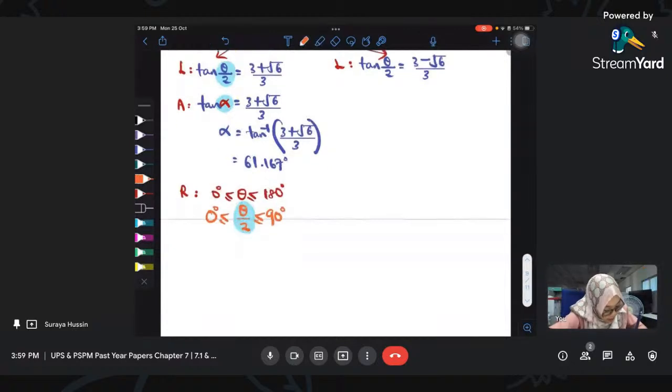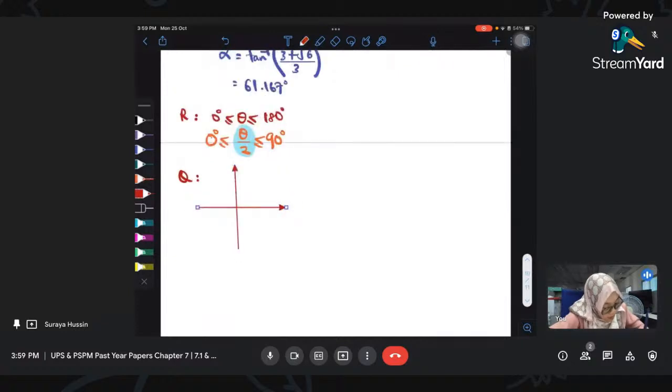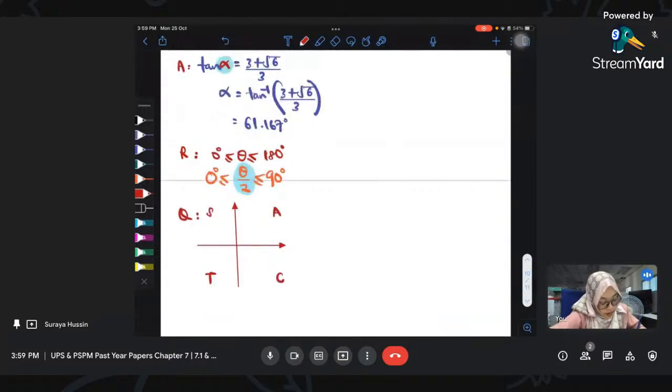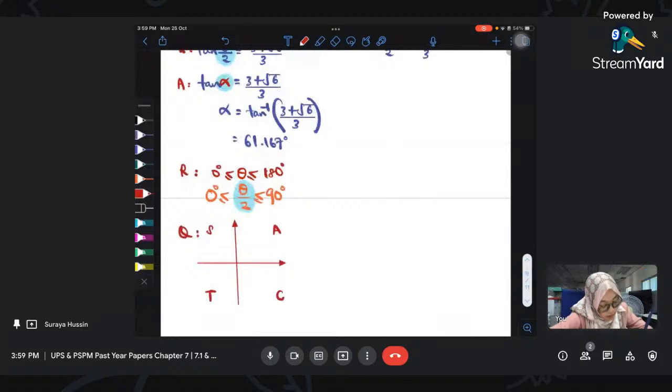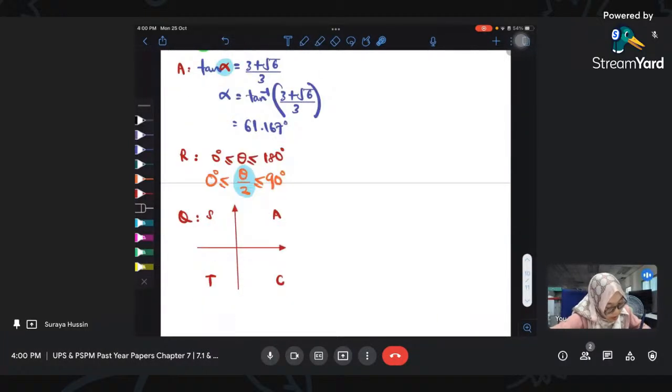And then Larka quadrant, we have all science teacher crazy. And then which quadrant that I must found, this positive. This is positive tan, therefore first quadrant and the third quadrant. So I'm just gonna lorek dia dulu.